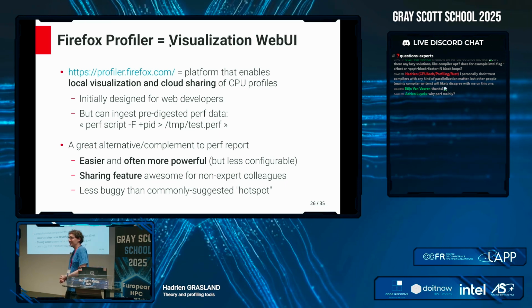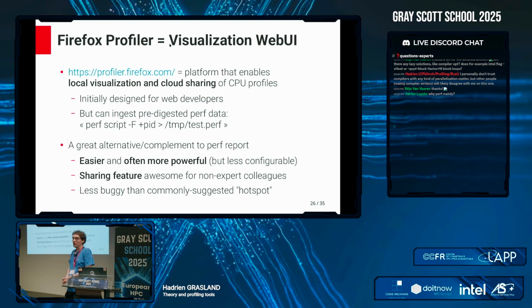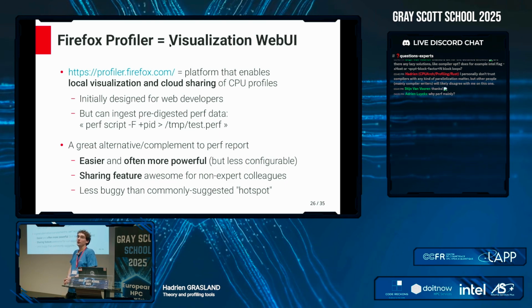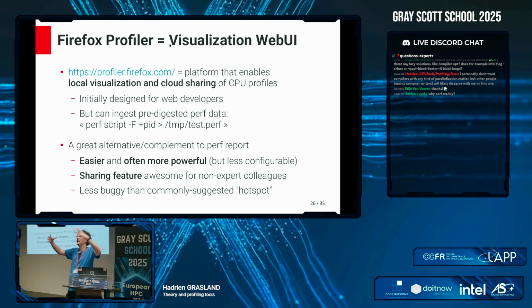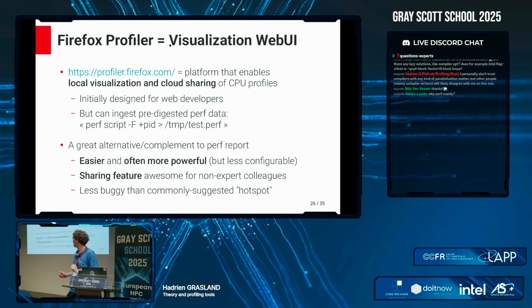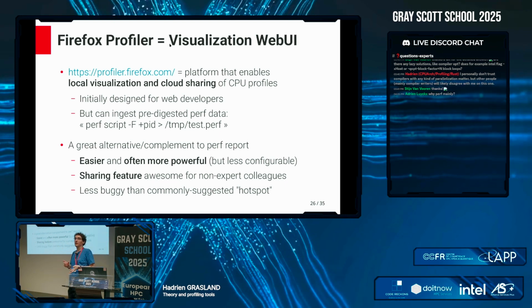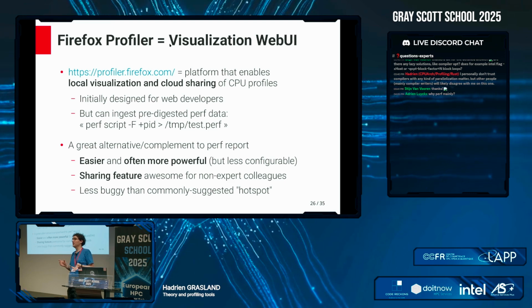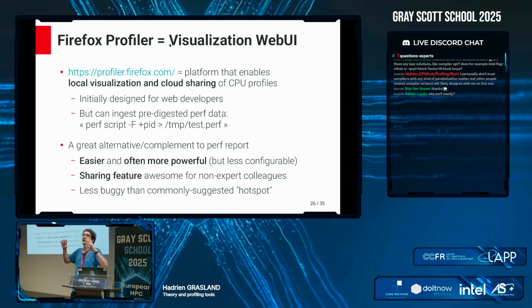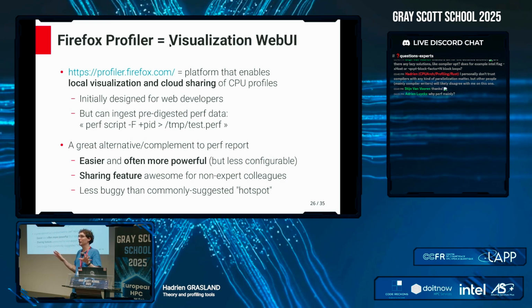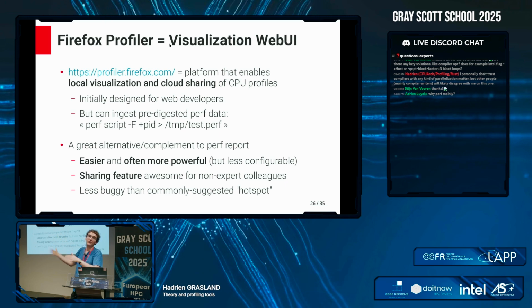And it's very powerful when it comes to analyzing programs that have multiple threads, multiple processes, or behavior that changes a lot over time. One of the prices to pay is it's less configurable. In perf, you can, as I mentioned, change the histogramming. You can say, I want a histogram by library, by process. This won't happen here. It only supports histogramming by program function.